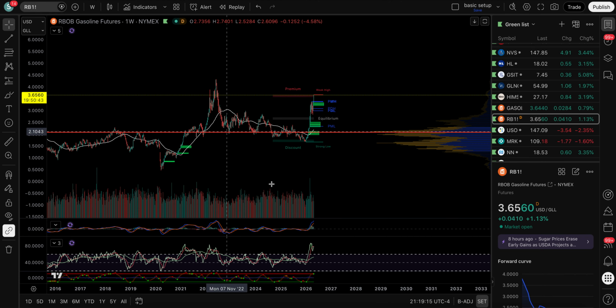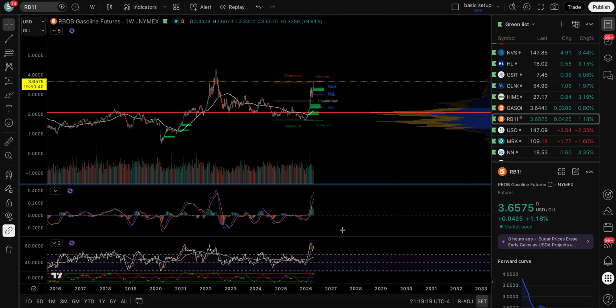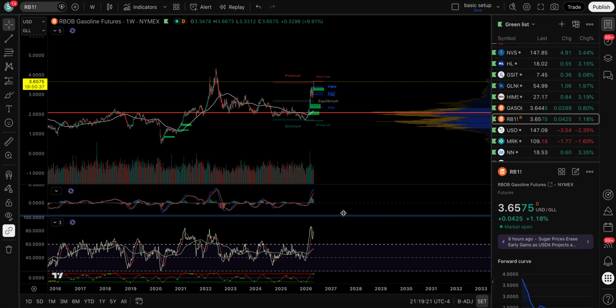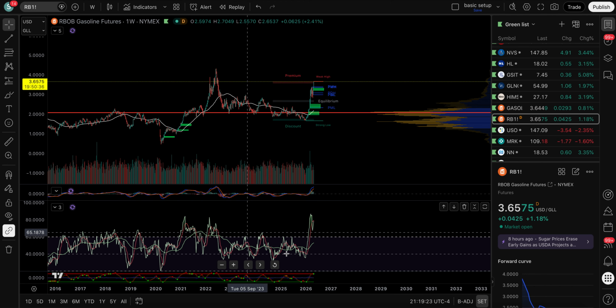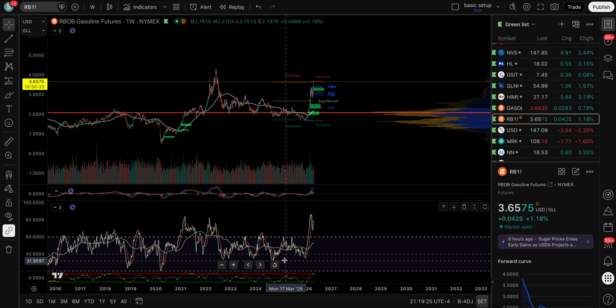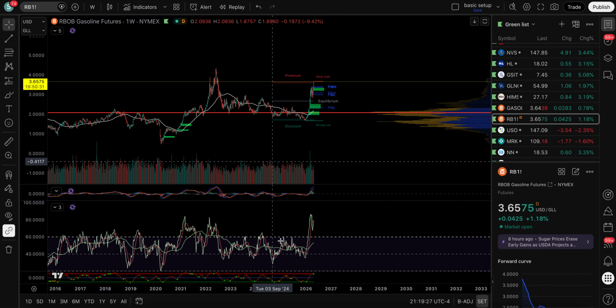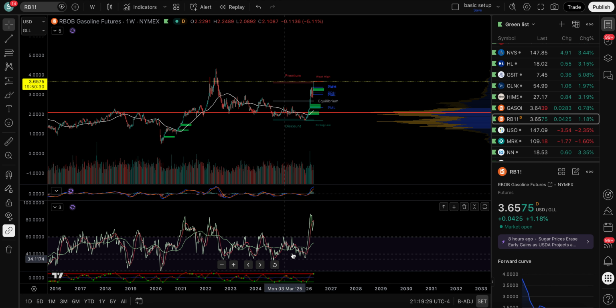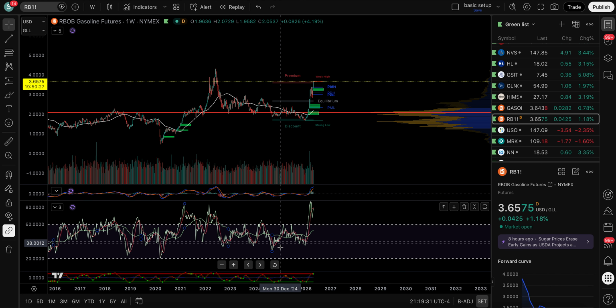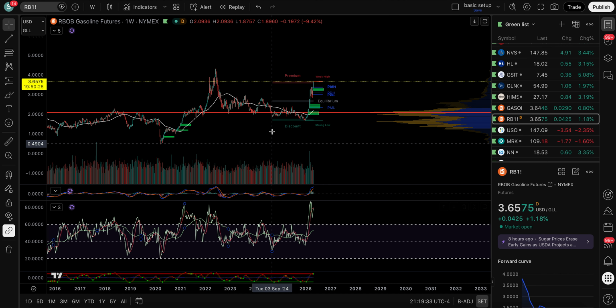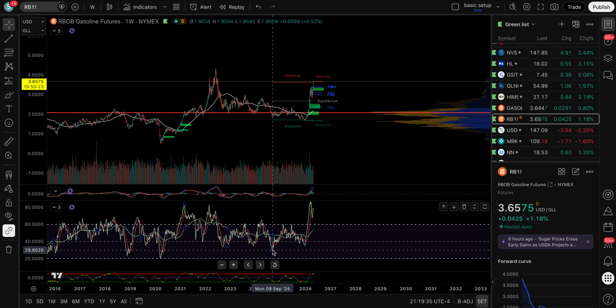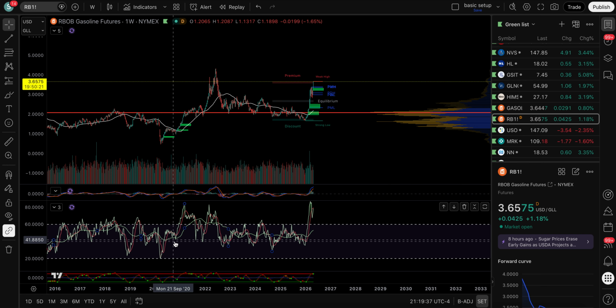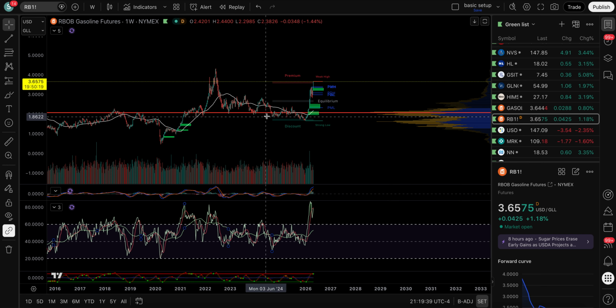So here's gasoline. This is terrifying because looking at this RSI down here, I hate when it does this. There. When it did this here, it put in this hidden divergence with this low going all the way back to here.